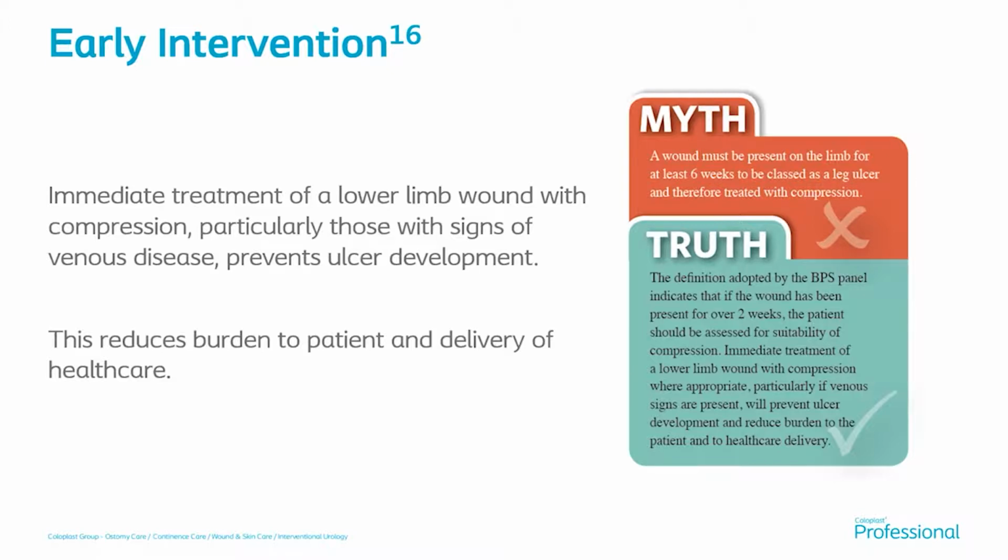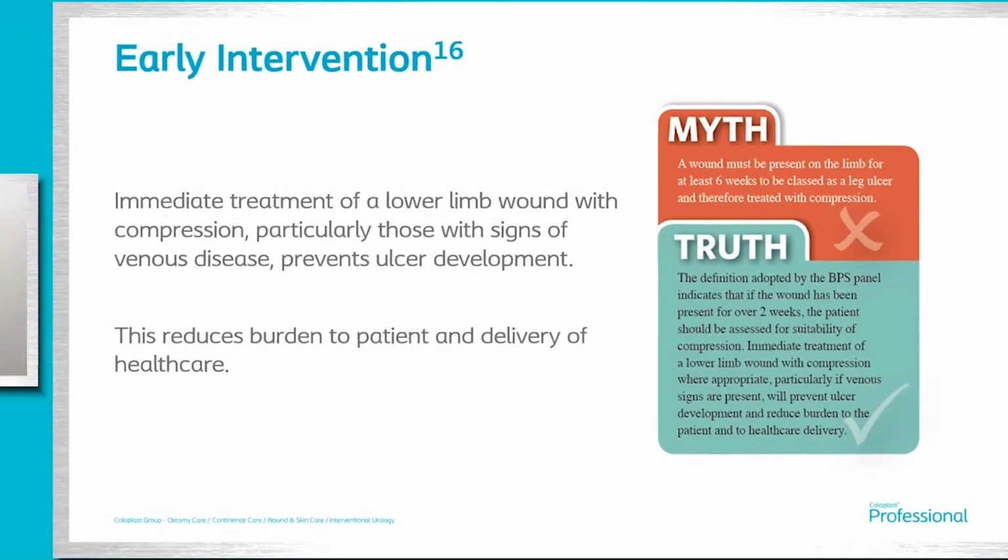And we really need to be acting quickly in order to prevent the ongoing problems that may occur if we're not optimally managing that person. That in turn will reduce the burden not only to the patient, but also to the healthcare service who are providing that care for that patient, and ultimately the cost to the NHS.